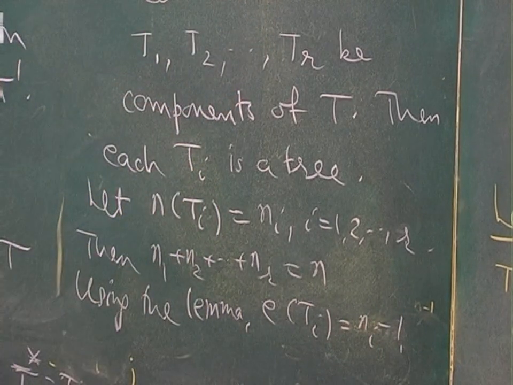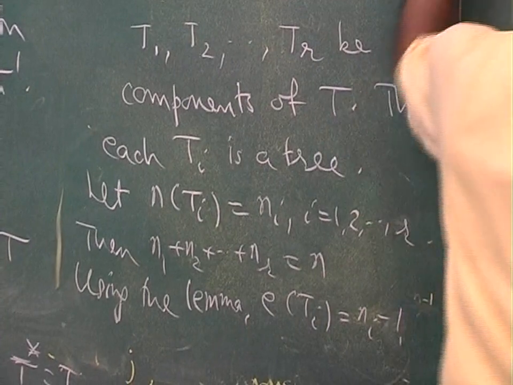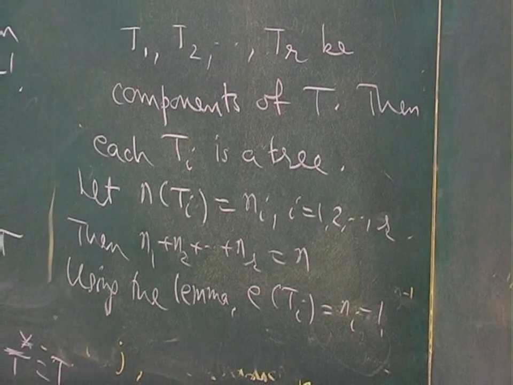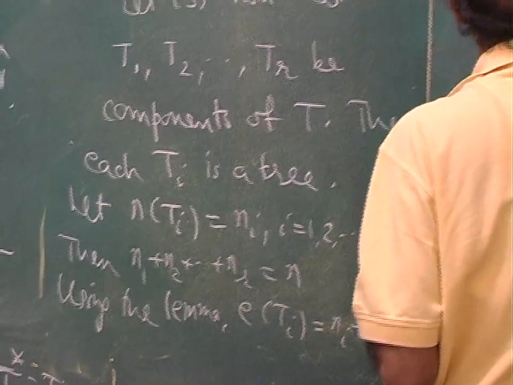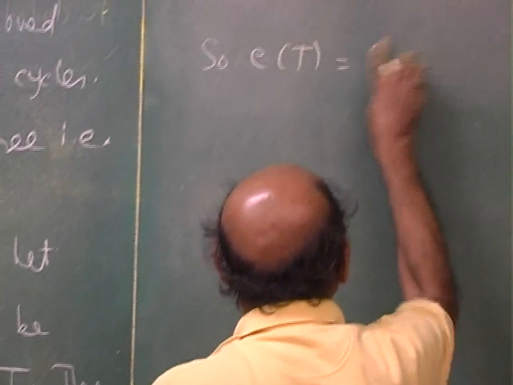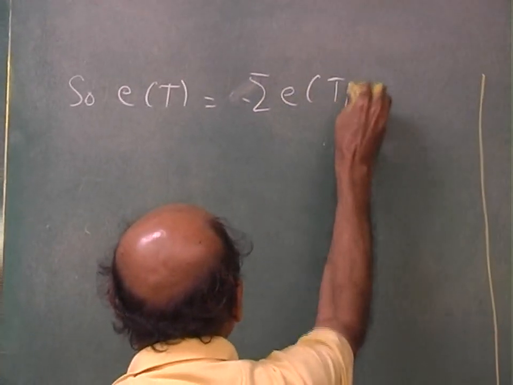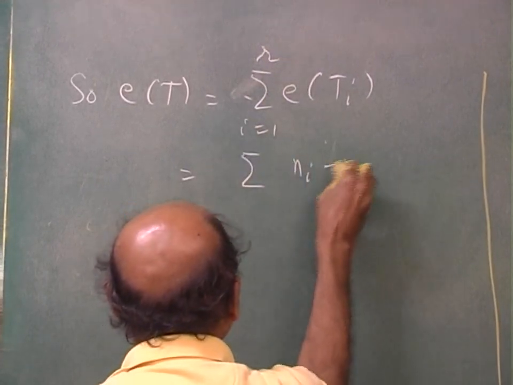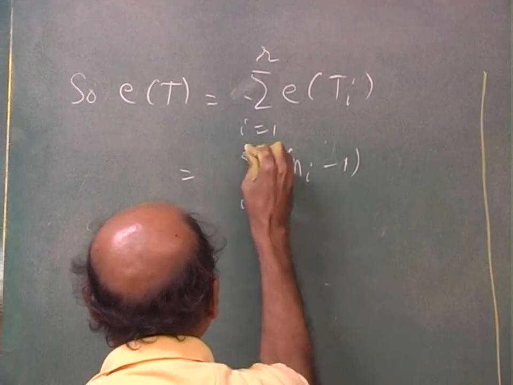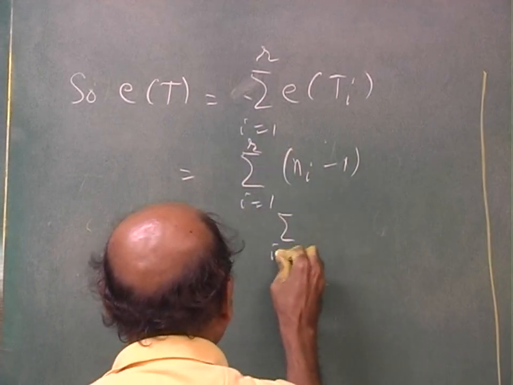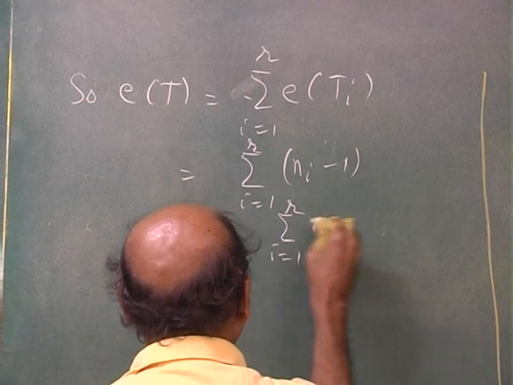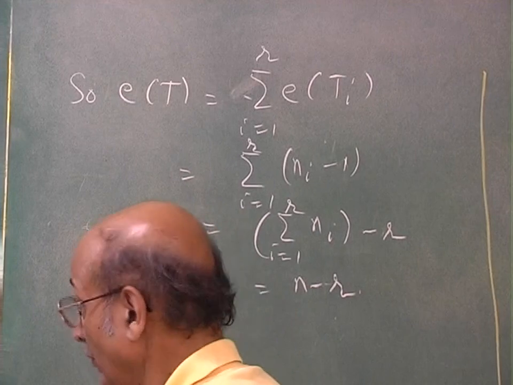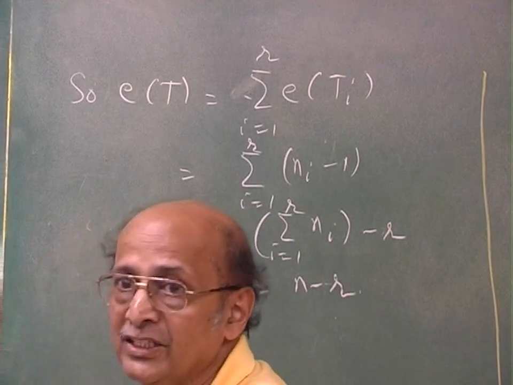So the total number of edges you get is n minus r, but I am already given that the number of edges is n minus 1.